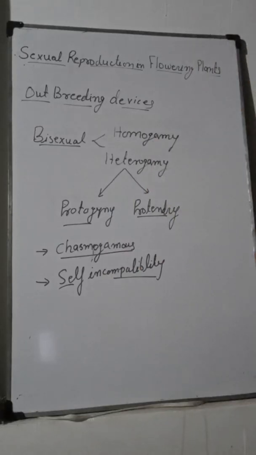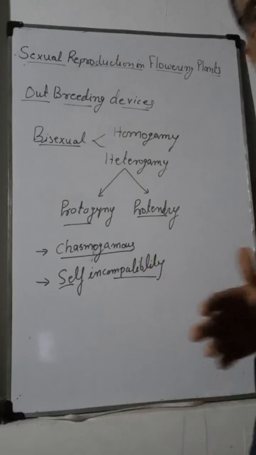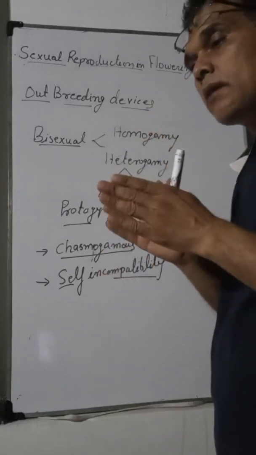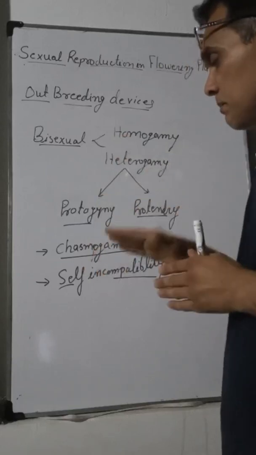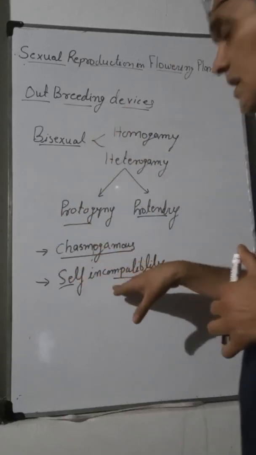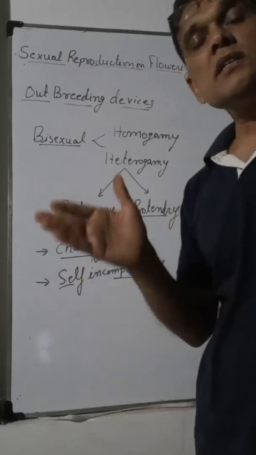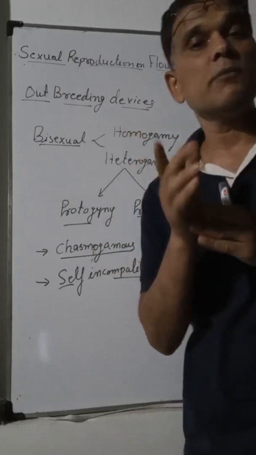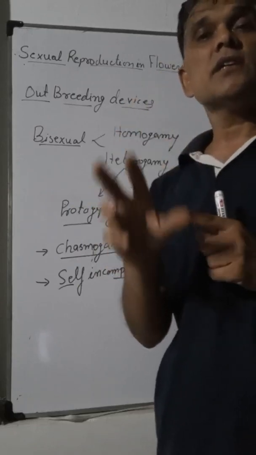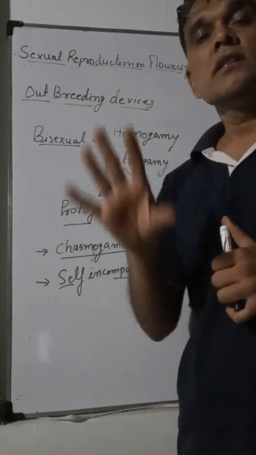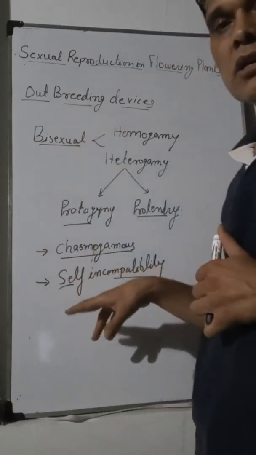Due to genetic reasons, sometimes the pollen grain of the same flower reaches the stigma of the same flower, but it will not germinate due to self incompatibility. It means the two gametes generated from the same flower are not compatible. Due to this genetic reason, self pollination does not occur.